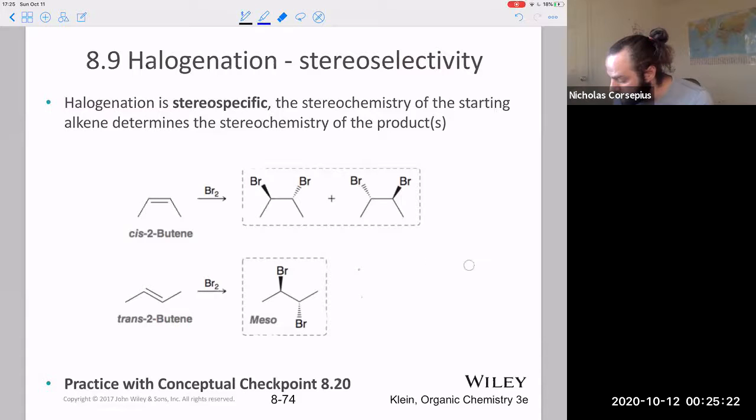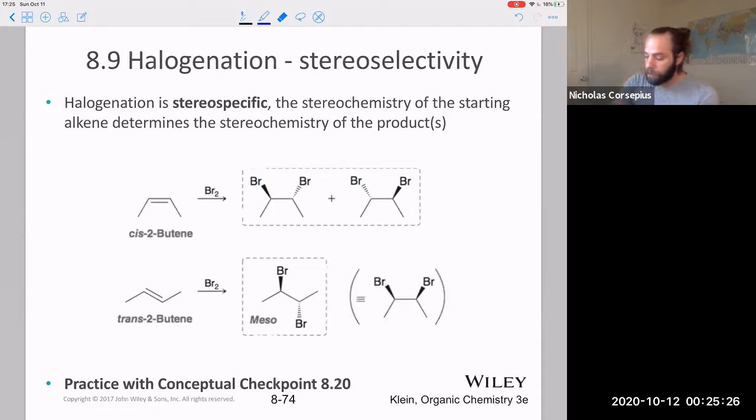It's kind of hard to see here, but if I rotated about that single bond, you'd be able to see that this is indeed a meso compound because I have that nice plane of symmetry running through there. So again, just like the hydrogenation ones, be careful. These are anti-additions, but you still have the possibility of forming a meso compound.